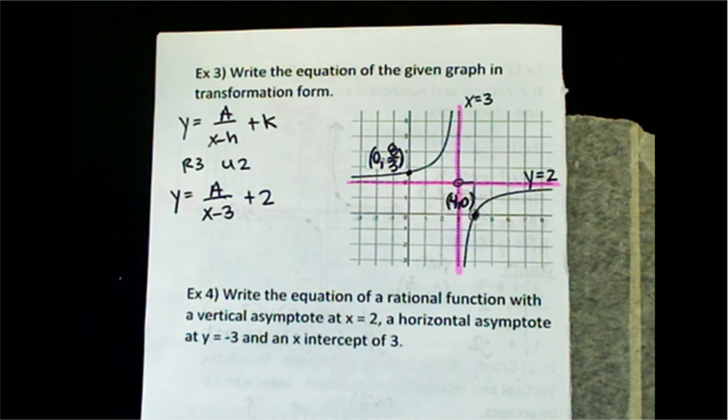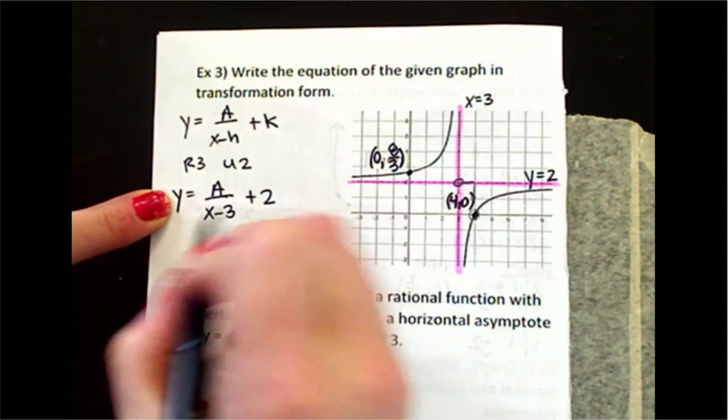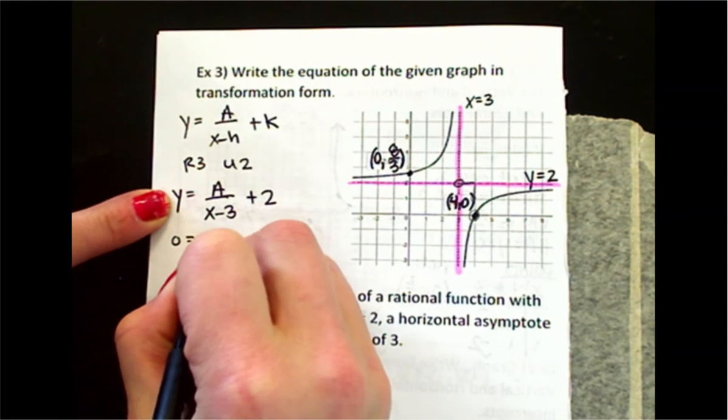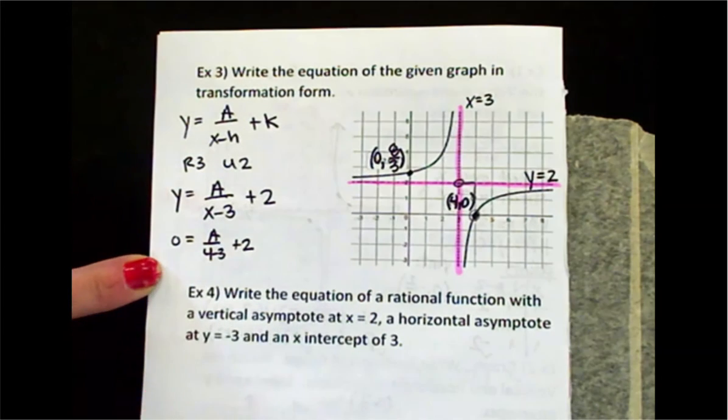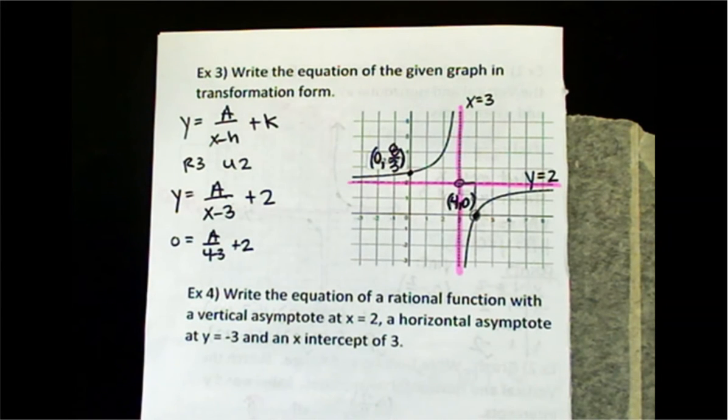Now I'll do it algebraically. Okay, so we have 2 choices. Look at those 2 other points that are listed. Pick one of them, substitute, and solve for A. 0 equals A times (4 minus 3) plus 2. I picked the point (4, 0) because I didn't feel like plugging in a fraction.